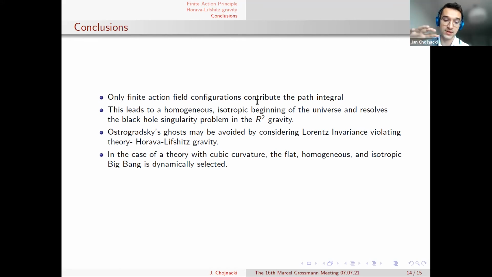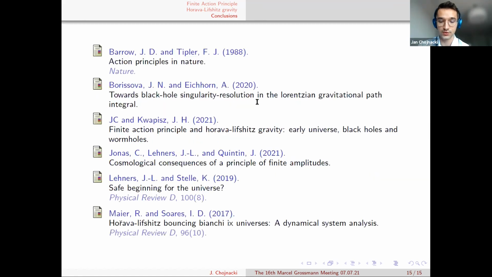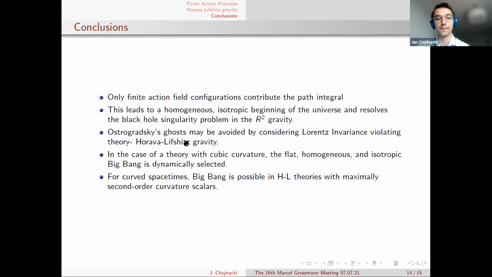But if we want to have some curvature, then we need to deal with it in another manner. For example, by letting go of the minimal theory and considering only lower order curvature scalar theories and oscillatory solutions. Okay, thank you very much.